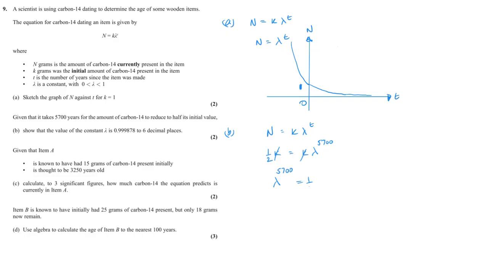5700 equals a half. Now you can use logs, but as I said, if this was like y squared equals a half, you'd just take the square root, wouldn't you? Or if this was y cubed equals a half, you just take the cube root.